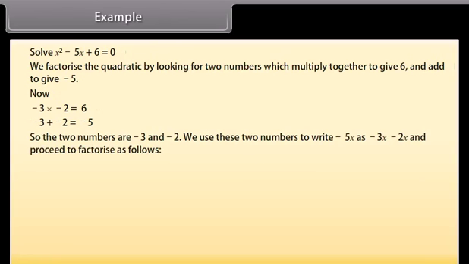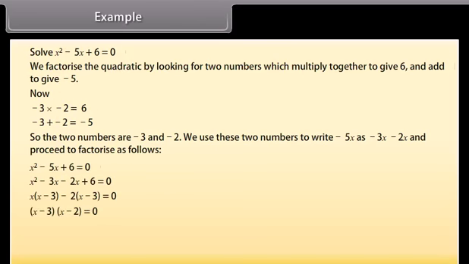So the two numbers are minus 3 and minus 2. We use these two numbers to write minus 5x as minus 3x minus 2x and proceed to factorize as follows, from which x minus 3 is equal to 0 or x minus 2 is equal to 0. So that x is equal to 3 or x is equal to 2. These are the two solutions.